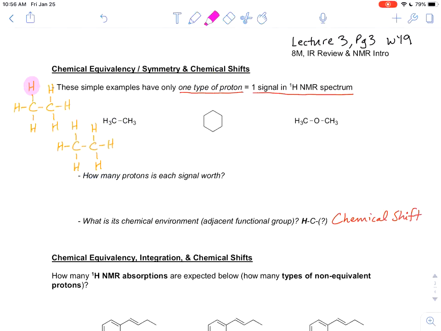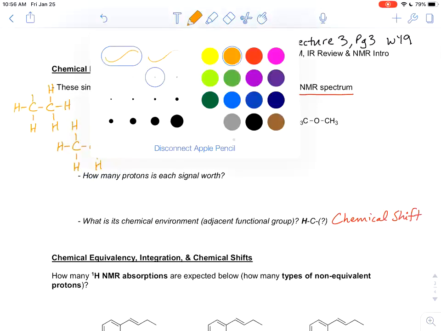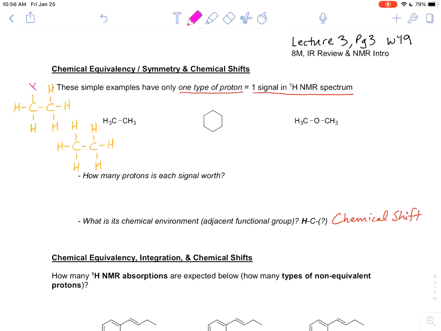And the way that you can do that is to replace this proton with some other group, just say like an X. I don't even want to give it an actual atom. So let's say that group is an X, and we wanted to know if this proton was the same or not. So we would replace on a separate drawing of that molecule with an X, and we would figure out, are they the same compound or not?